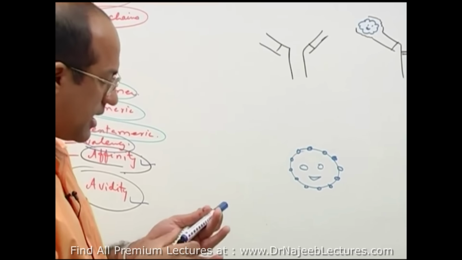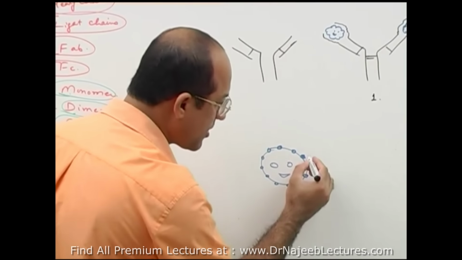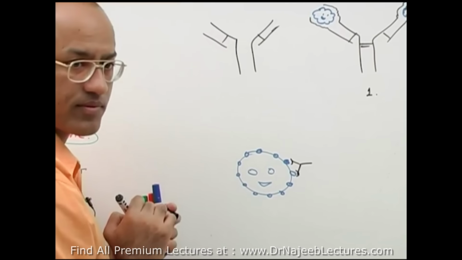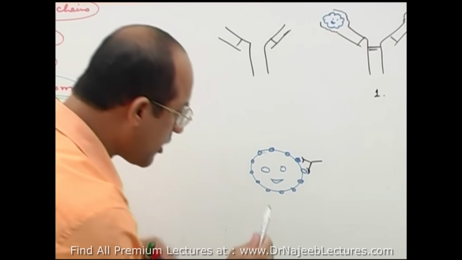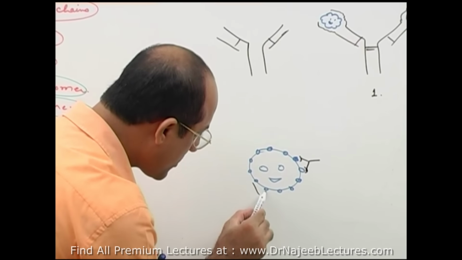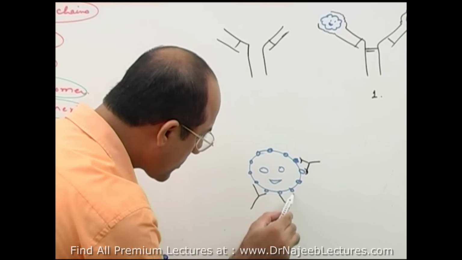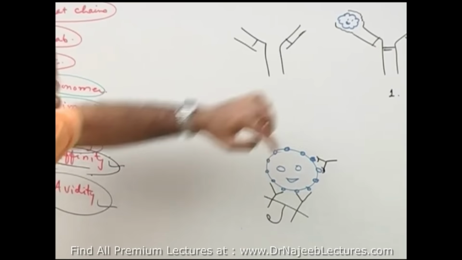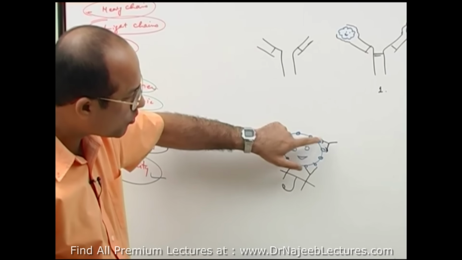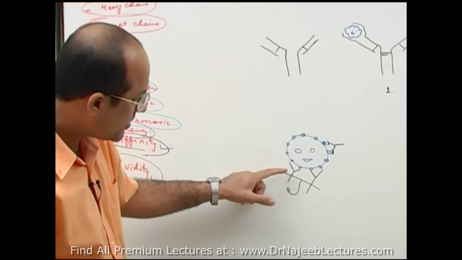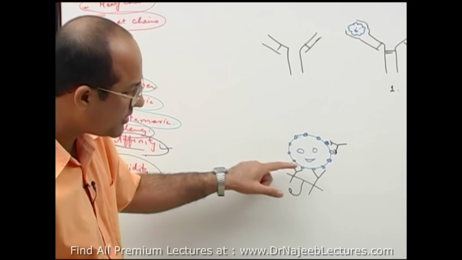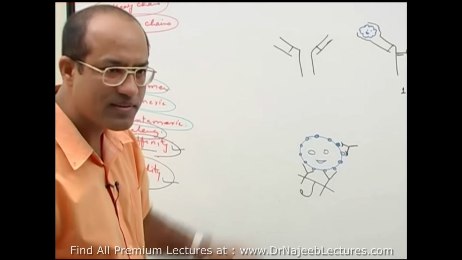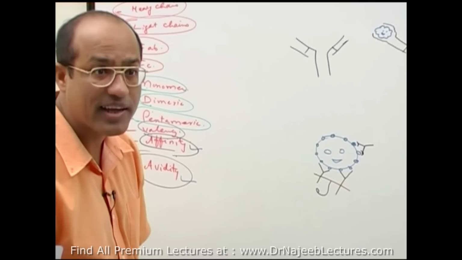Now look, if a monomeric antibody comes, this will react here and here only, at 2 points. And if a polymeric or multimeric antibody comes, with the J chain, do you think monomer has only 2 points to bind, but dimer has how many points to bind? 4. And if pentamer is there, how many points of binding? Especially in large antigens, 10.